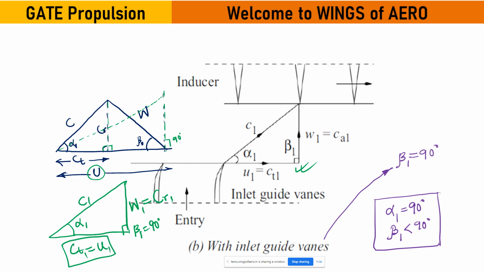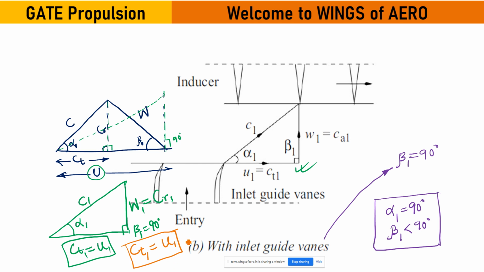Now sometimes in the question, they ask in a very tricky way. Remember this tricky part. Sometimes in the question, if they say the inlet tangential velocity is equal to the blade impeller velocity, then you have to understand that in that scenario they won't give you the direct thing that it is an inlet guide vane.